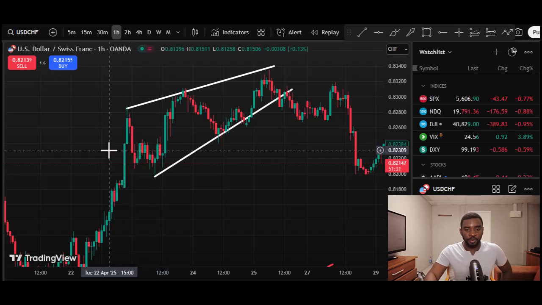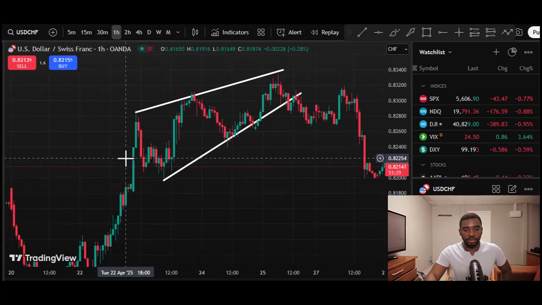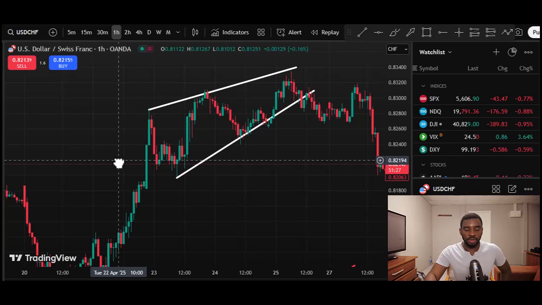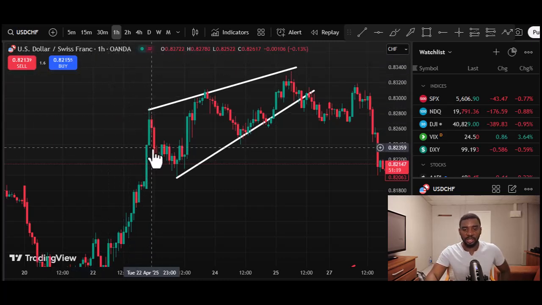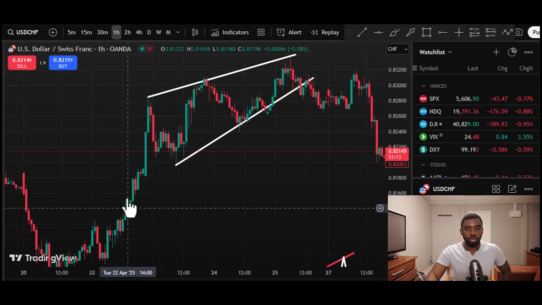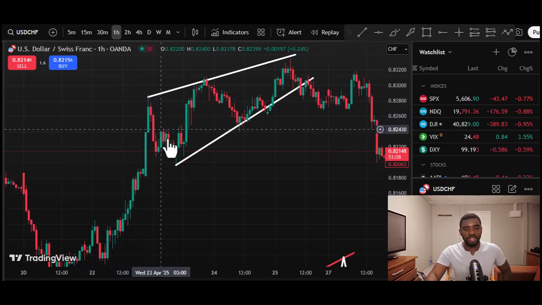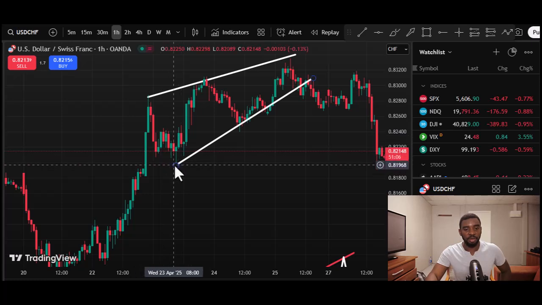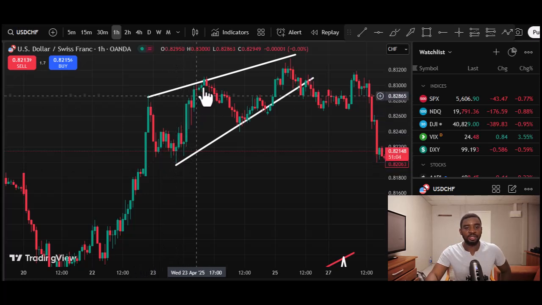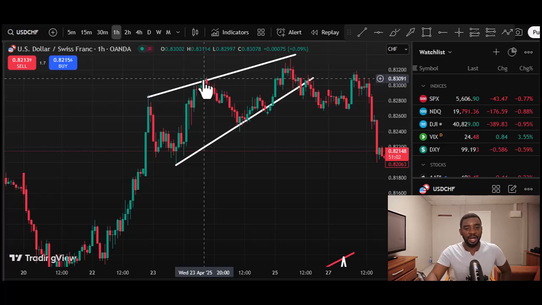So here we are. I took this trade some weeks ago, and it's one of the examples I want to show you. This is US dollar Swiss franc on the 1 hour time frame. After this strong bullish move, you can see price got to this point, and you can see the strong rejection. It came here, found support, and bounced back to form another higher high here.